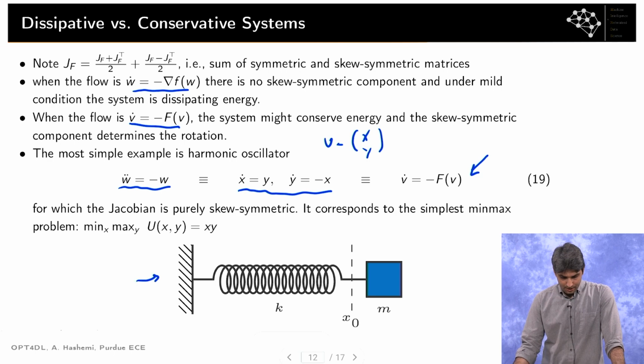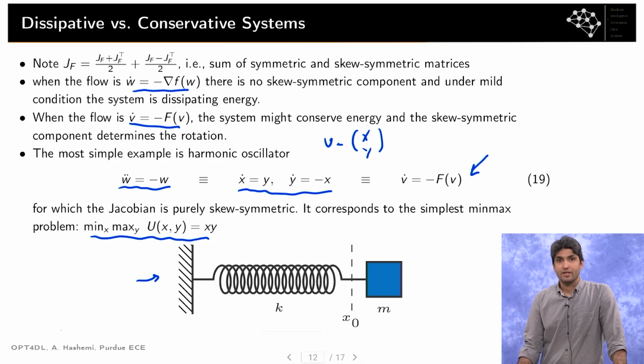Now, there is a very nice connection between the harmonic oscillator that we just talked about and min-max games. It turns out that the harmonic oscillator is precisely the continuous limit of gradient descent for this simple min-max optimization problem.